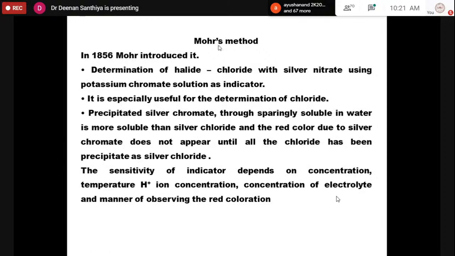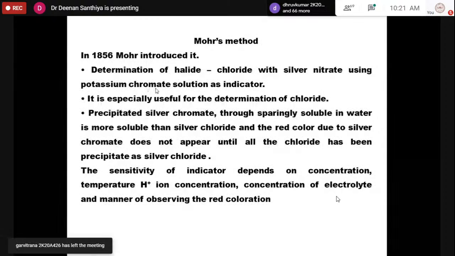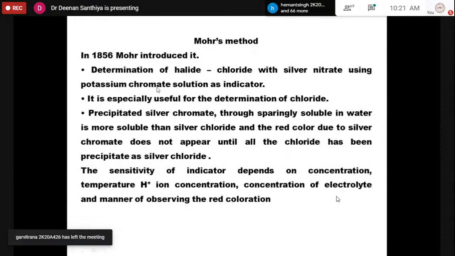At the equivalence point, the chloride ions are completely precipitated as silver chloride. After the equivalence point, an extra drop of silver nitrate will react with potassium chromate and silver chromate will form. This silver chromate is red in color, whereas silver chloride is white. So at the end point, a coating of red precipitate will be visible on the particles.